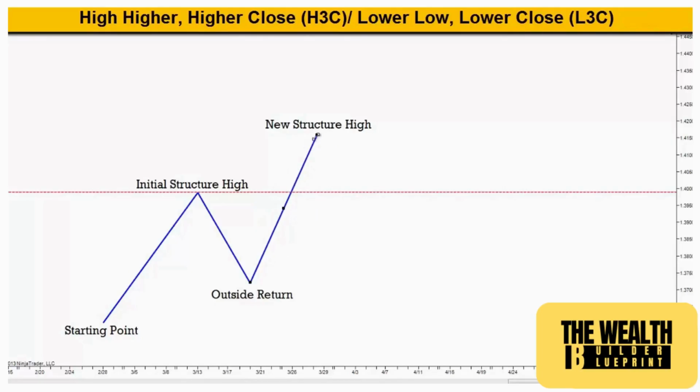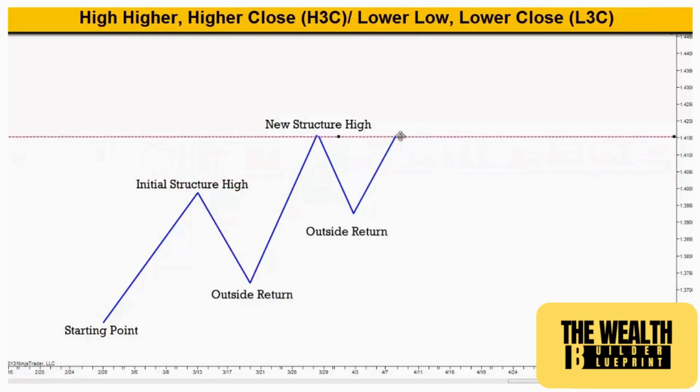So if we create a new structure high here, we come back, we get an outside return. Once we come up to test this new level, again, that higher high, higher close candlestick principle is going to determine whether this trend is going to continue or if we're going to see a reversal or consolidation.